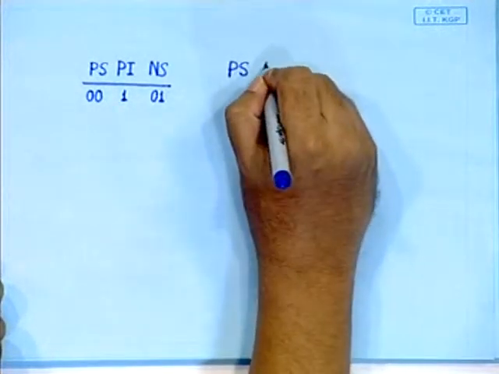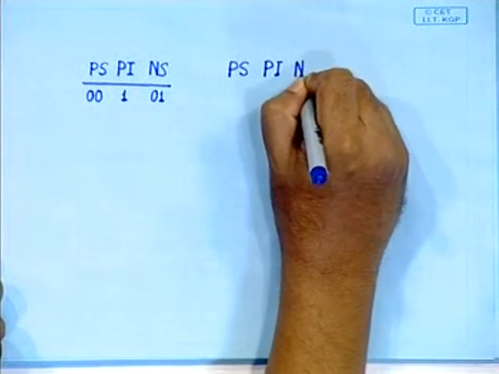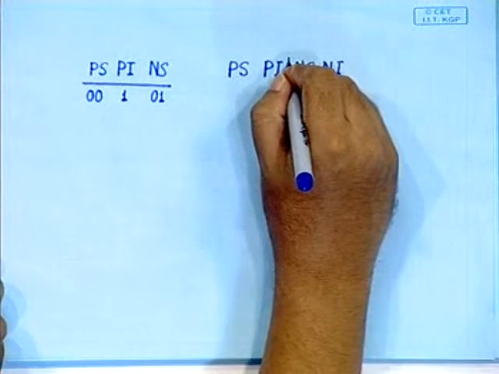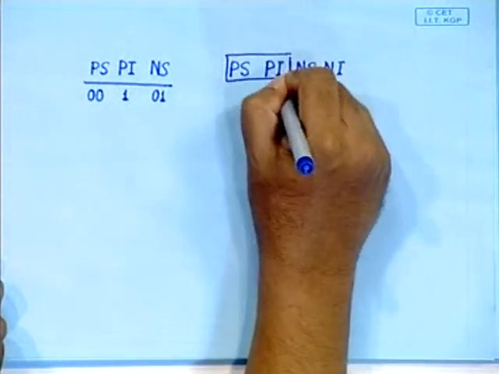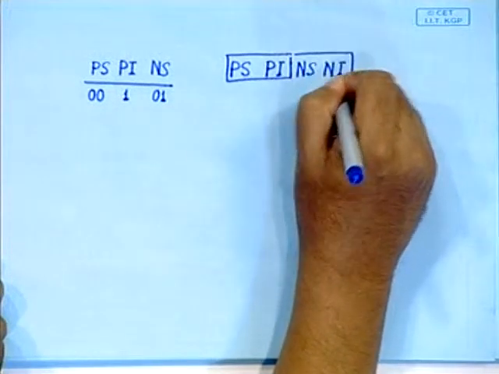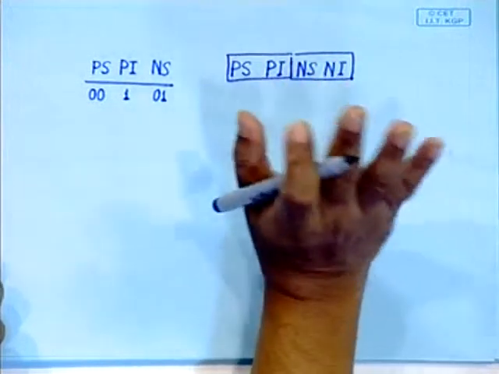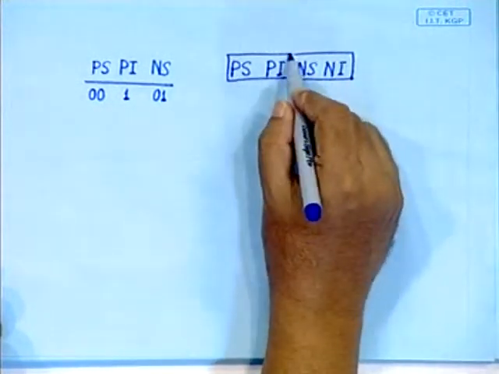Now, what we do is we transform that to present state, present input, next state, next input, and say that this whole thing is my present state and this whole thing is my next state, right. In a Kripke structure, there is nothing called inputs. So, this is the present state, this is the next state.